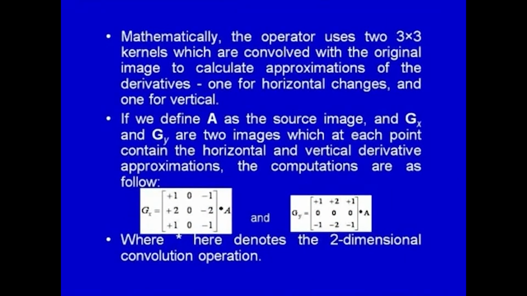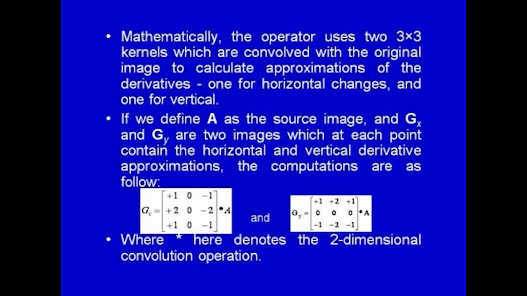Mathematically, the operator uses two 3 by 3 kernels which are convolved with the original image to calculate approximations of the derivatives, one for horizontal changes and the other for vertical. If we define A as the source image, and G x and G y as two images which at each point contain the horizontal and vertical derivative approximations, the computations are as follows.